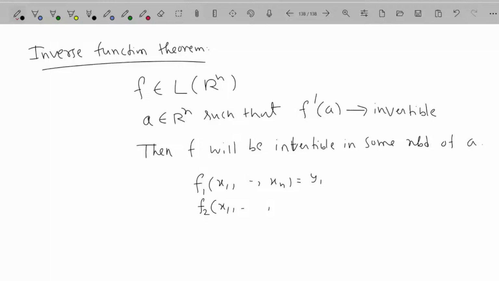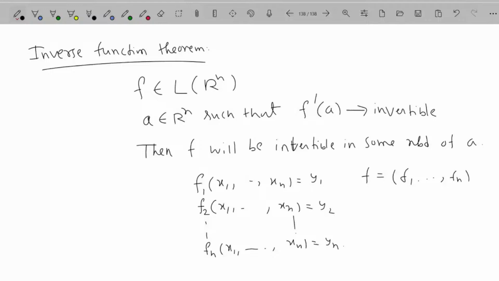So your F is now f1, f2, fn. Now if the matrix is invertible, you can have a solution.